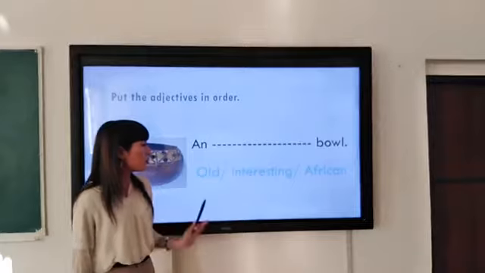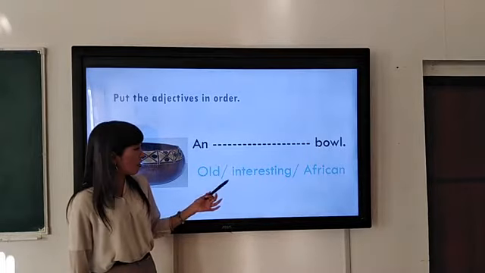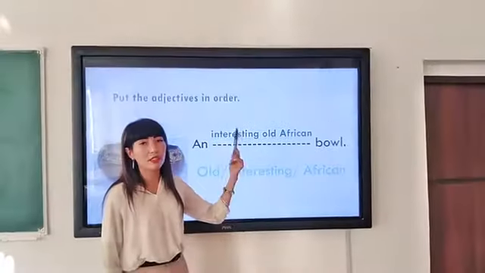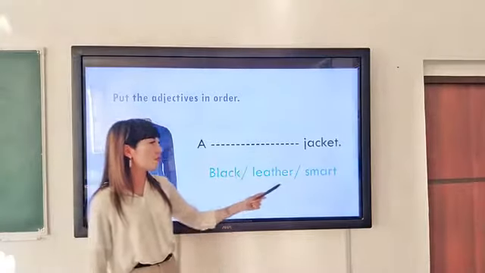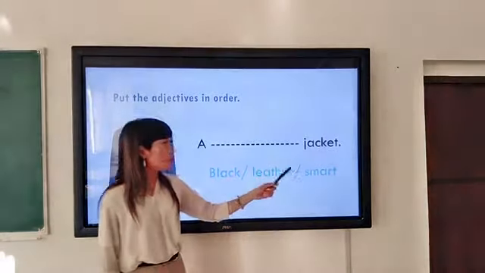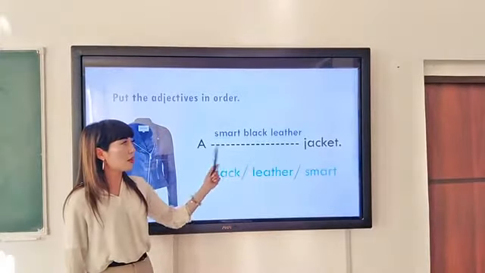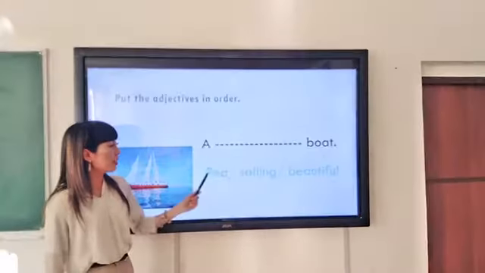Next. Old, interesting, African bow. So, here you have to think about what will be first. Okay, let's see. An interesting old African bow. Next. Black, leather, smart jacket. So, what do you think about the answer? Smart black leather jacket. Okay, next. Let's see.